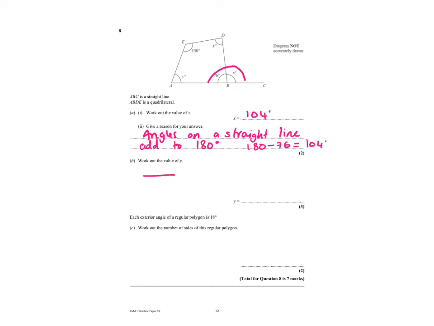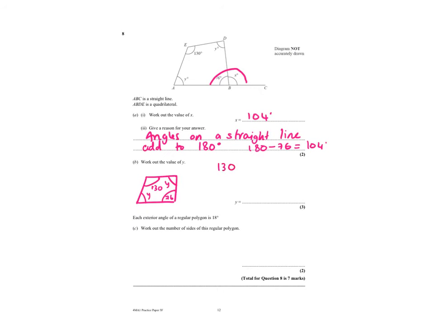Okay, part B, work out the value of y. Now we have a quadrilateral. We have y, we have y, we have 130, and we have 76. Now, angles in a quadrilateral add up to 360. So we know 130 plus y plus 76 plus y equals 360. So 130 plus 76 is 206 plus 2y equals 360.